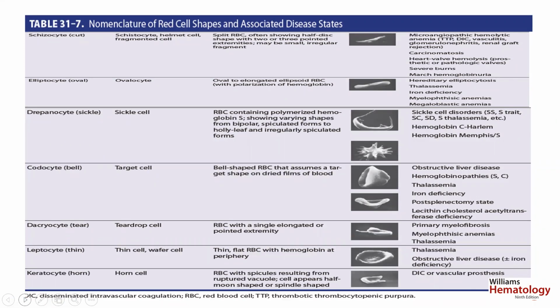Schistocyte is a cell often represented as a half disc shape with 2 or 3 pointed extremities, may be small, and appears in carcinomatosis, severe burns, or different types of hemolytic anemia, especially secondary to some inflammatory disorders.